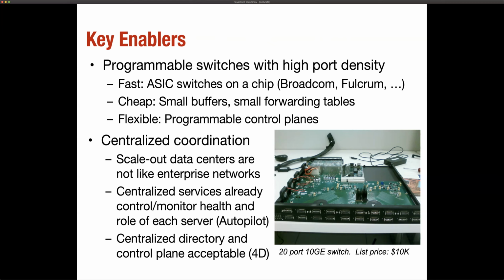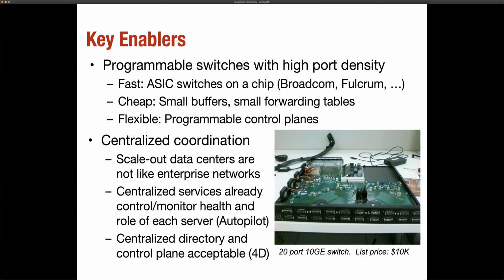And then, of course, similar to the SDN principles that we learned earlier, this flexibility of programmability enables centralized coordination. We can scale out data center networks, unlike the enterprise networks. The centralized services already control and monitor health. Some of these points are a bit old, so take it with a grain of salt here.